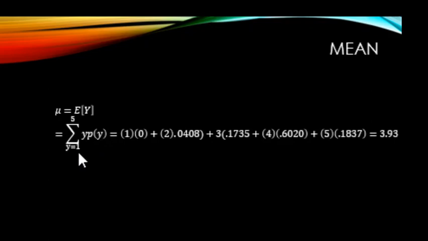We have 5 stars here, with the first one being 0, so y equals 1 through 5. 1 times 0, plus 2 times its probability, plus 3 times its probability, plus 4 times the probability of 4, and 5 times the probability of 5. The average star rating comes out to be 3.93. This is based on the probability distribution. Since 4 has the highest probability, it will have the most weight, and 1 has no weight, and the others are less than 4. As you can see, the mean is close to 4 because that has the highest weight.